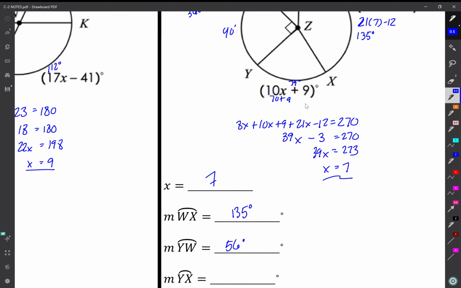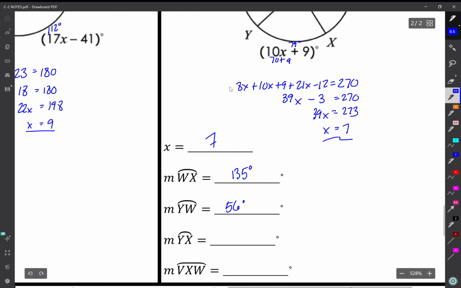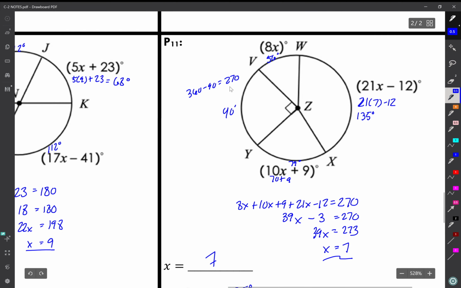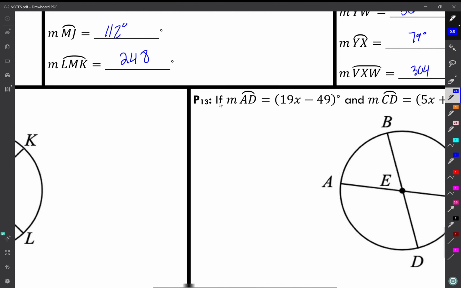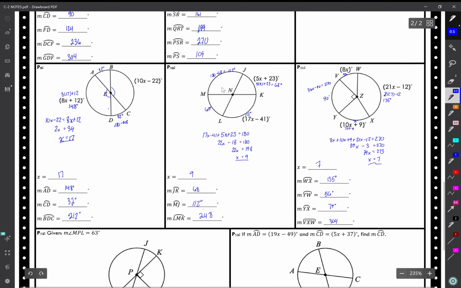YX, oh, just YX, excuse me. YX is going to be just 79. And then VXW is everything but this 56. So you do 360 minus 56, and that is going to give me 304. And that's that one. So we got, let's see, 2 more left.